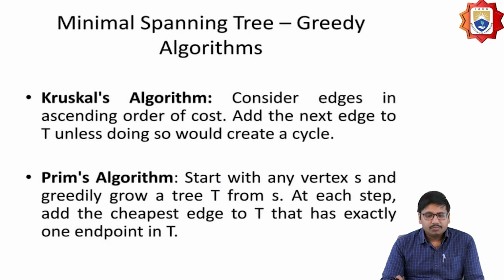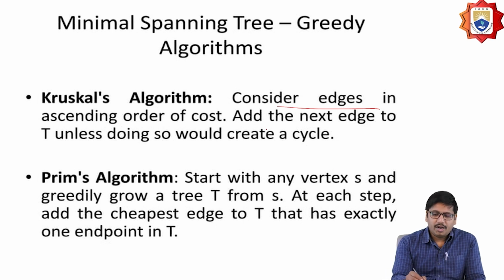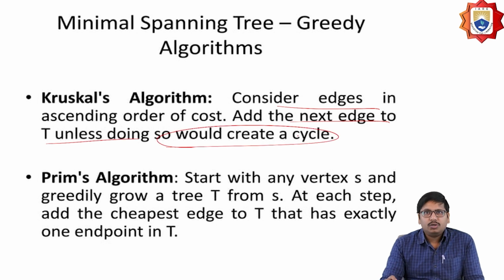Normally the minimum spanning tree is found using two greedy algorithms. The first one is Kruskal's algorithm, and the next one is Prim's algorithm. Kruskal's algorithm considers the edges in ascending order of cost, and then we add the next edge to the tree such that it won't create a cycle.